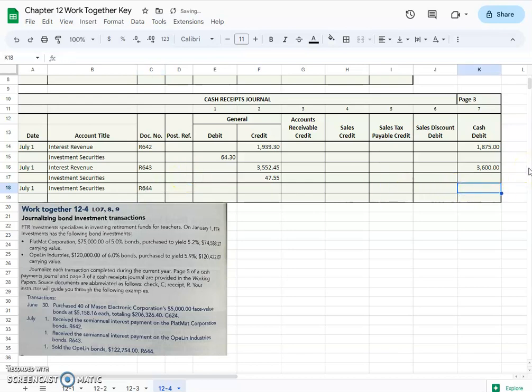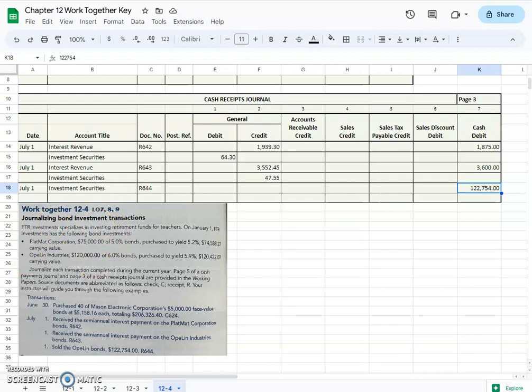Just after we got our interest payment, we are going to sell them. The amount is $122,754. That's the amount of cash we got from selling them, but that's not necessarily the amount they're on our books for. So we have to figure out whether we had a gain or a loss.